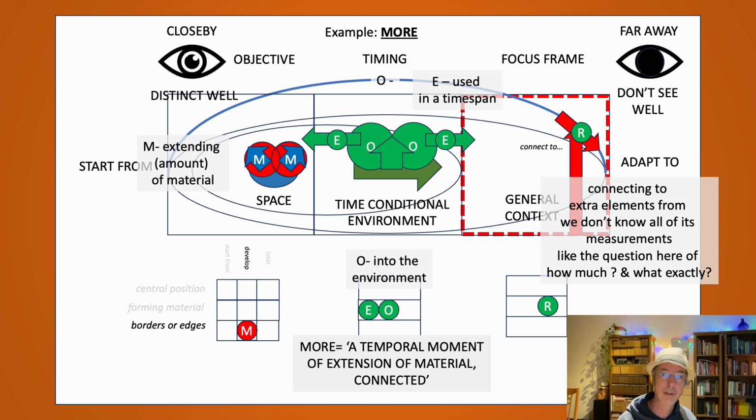So in a way, I'm saying with more, what is actually getting more with material, and that I connected there in that small time frame and can know what it is. So that's actually the description of more.